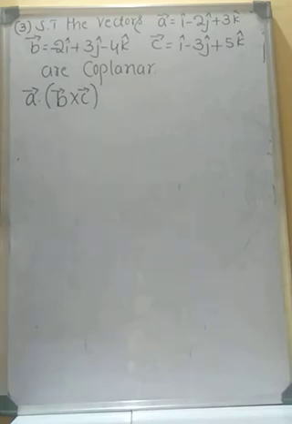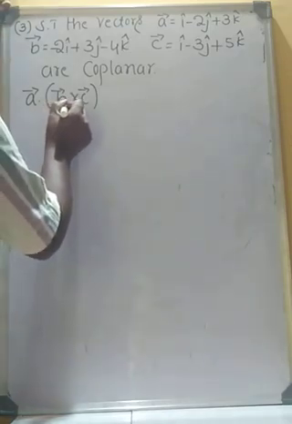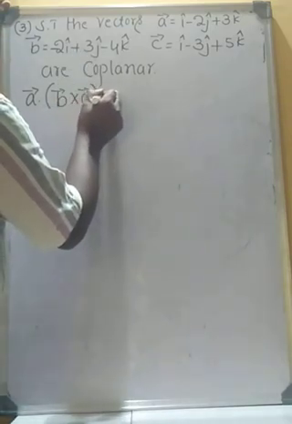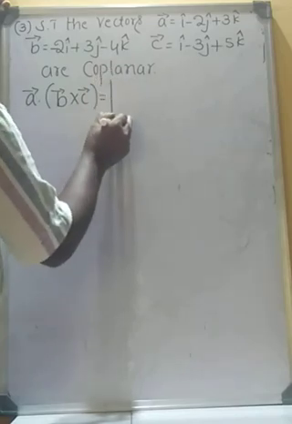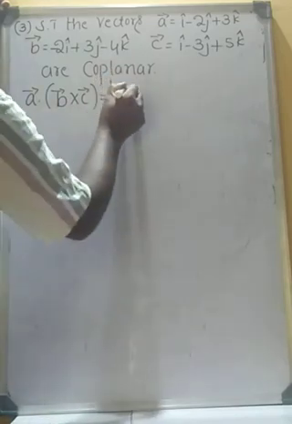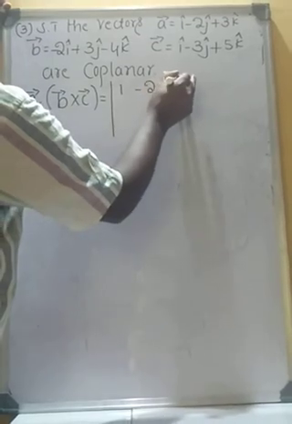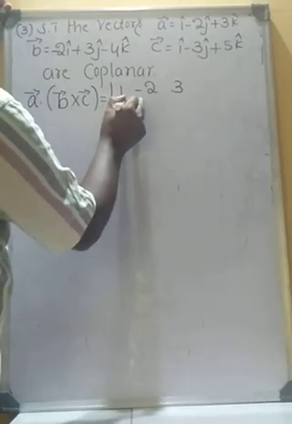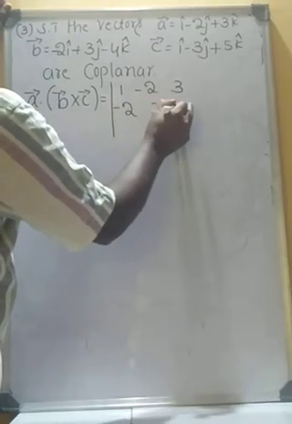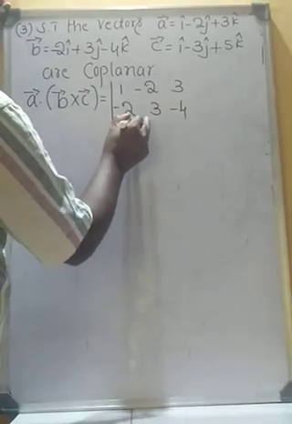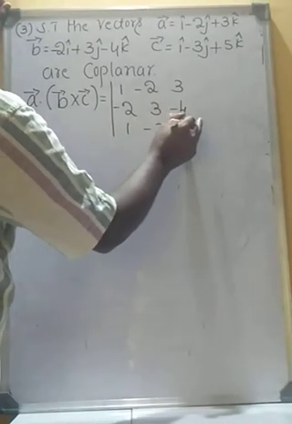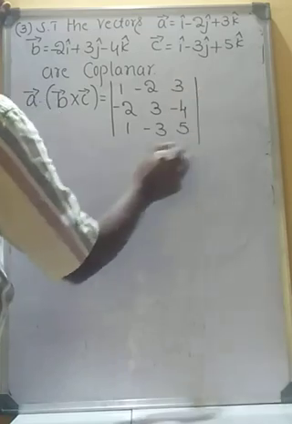A dot B cross C is equal to the determinant of 1, minus 2, 3; minus 2, 3, minus 4; 1, minus 3, 5.